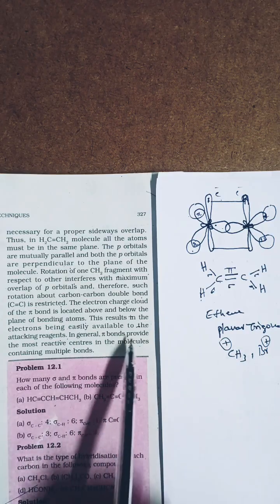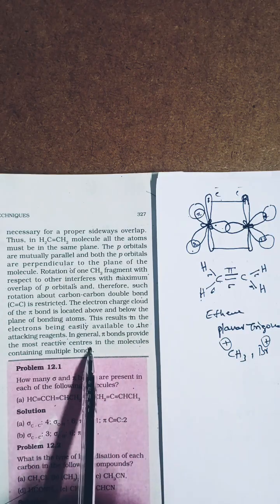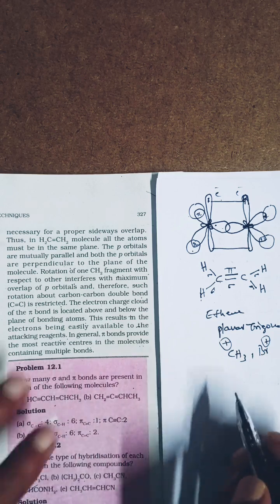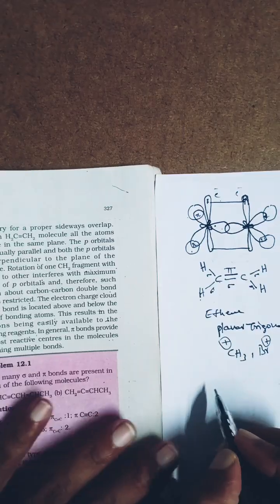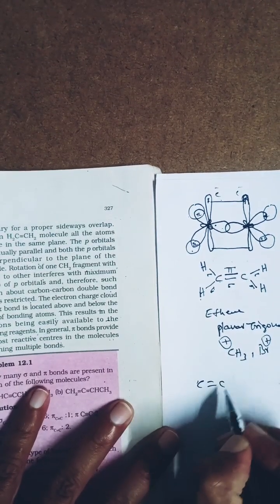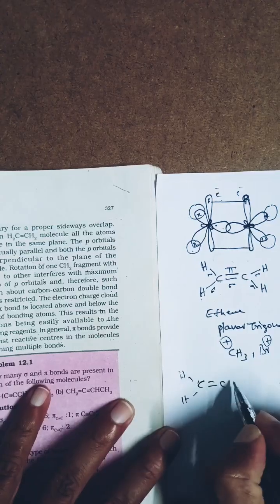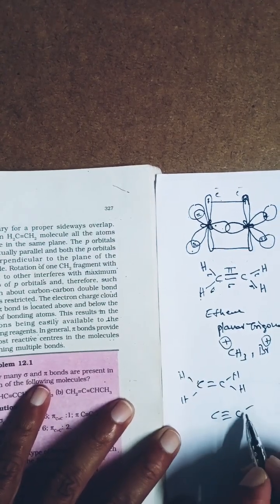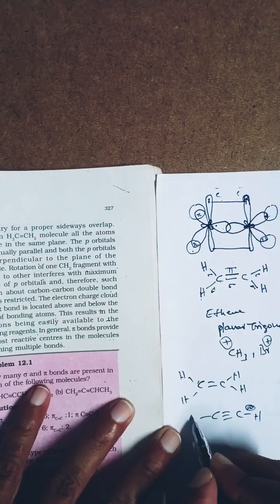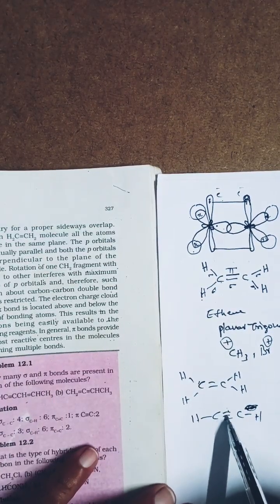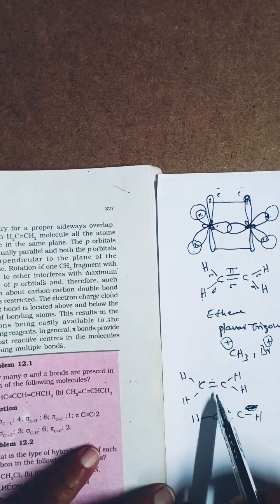In general, pi bonds provide the most reactive centers in molecules containing multiple bonds. That means if a molecule has a pi bond, like a double bond or a triple bond, here in a triple bond two pi bonds and one sigma bond are there, and here one pi bond and one sigma bond.